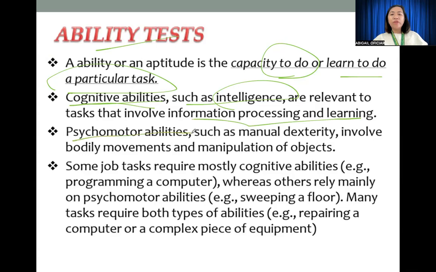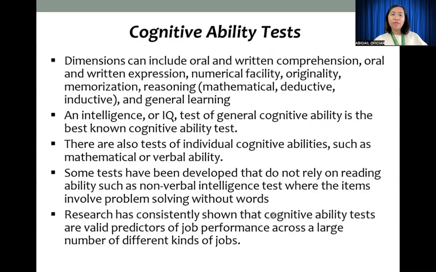Another is psychomotor ability, kagaya ng manual dexterity. Then some jobs require mostly cognitive abilities. Yung iba naman, psychomotor ang kailangan. In short, it depends on the job. Dependent sa vacant position, kung ano yung ability test na dapat nating i-conduct.